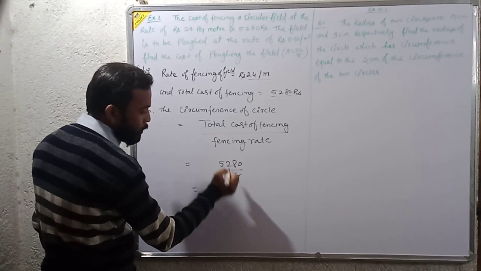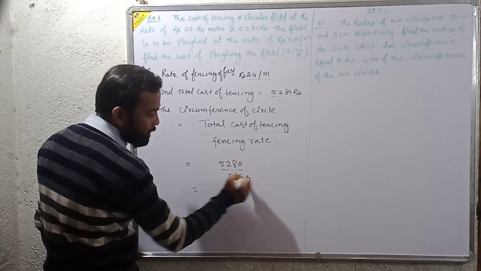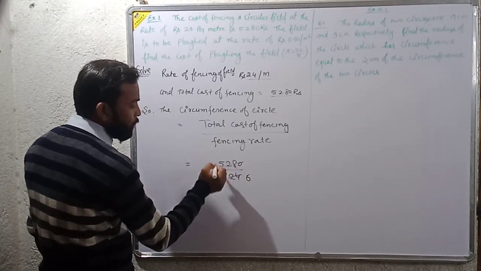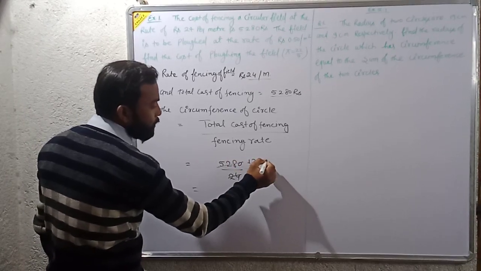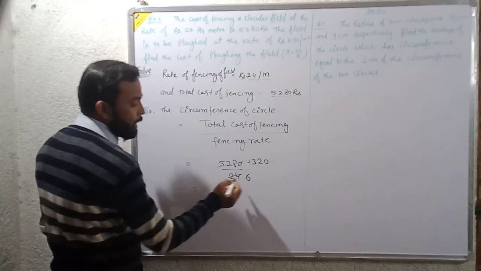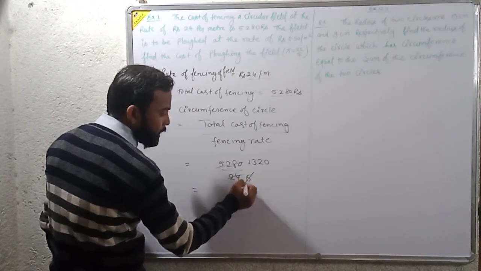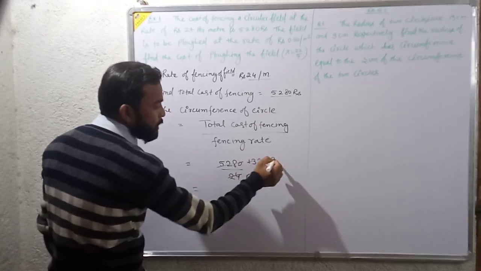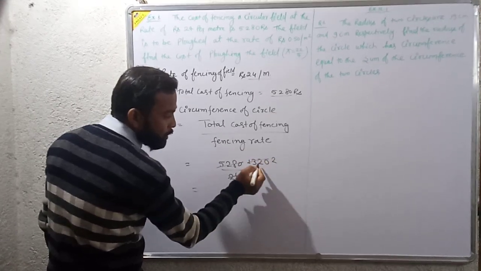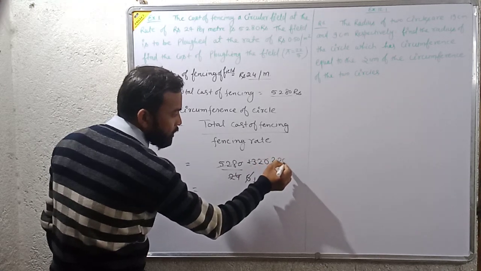This will be cancelled out: 4 sixes are 24, 4 ones are 4, 4 threes are 12, 4 twos are 8, and 4 zeros are 0. Again 6 ones are 6, 6 twos are 12, and so on.